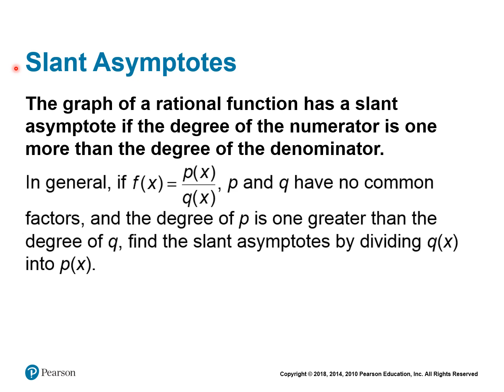So n must be just 1 value greater than the exponent in the denominator, which is m. All right, so this is important. It has to be just 1 number greater than m. All right. So let's go into a little more about what slant asymptotes are and how they look.